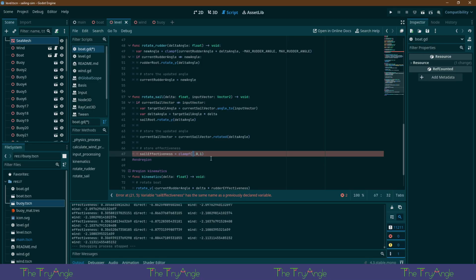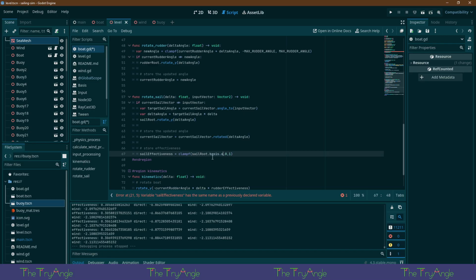Let me think. It's the X. Sail root basis X. And it'll be the dot product of... no, this will just be the local X, yeah?